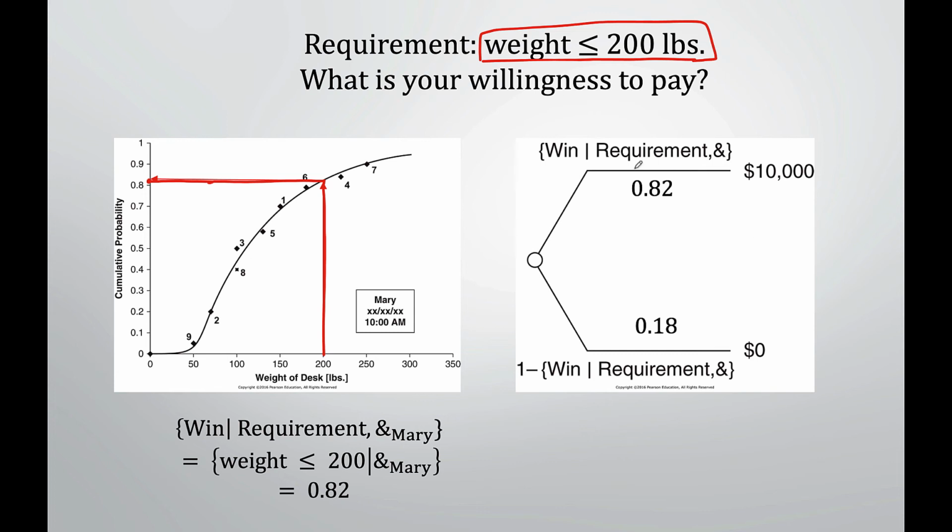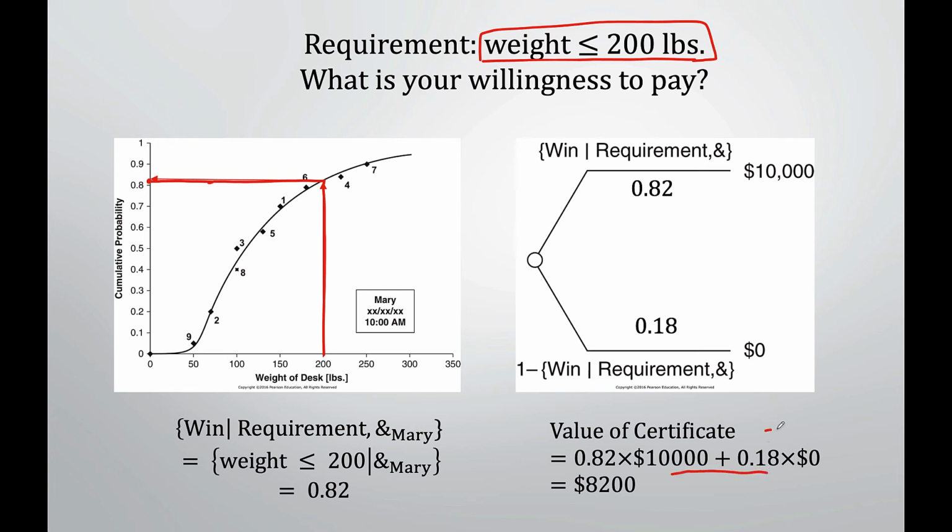Then the value of the certificate for you, since you are risk neutral, is 0.82 times $10,000 plus 0.18 times $0, which is $8,200. Again, this is the expected value of this binary deal. That is your willingness to pay because you are risk neutral.